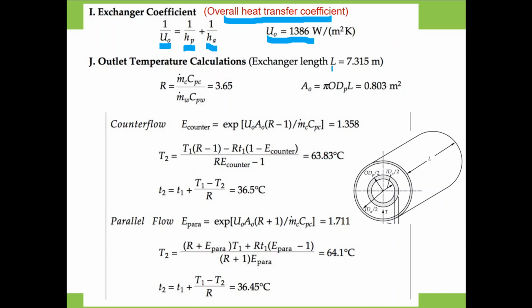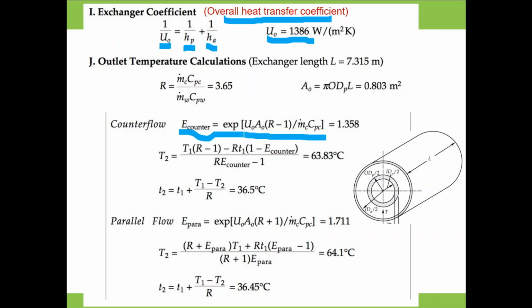And we are using the log mean temperature difference method, or we call it the LMTD method. So we will use the expressions of the LMTD method. Depending upon parallel flow or counter flow, we need to calculate the parameter E. So the parameter E for counter flow is this, so we need to calculate this.